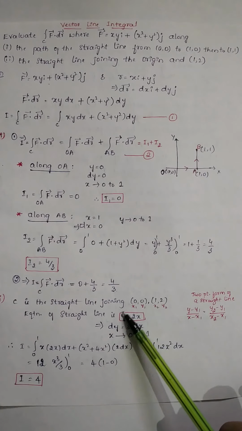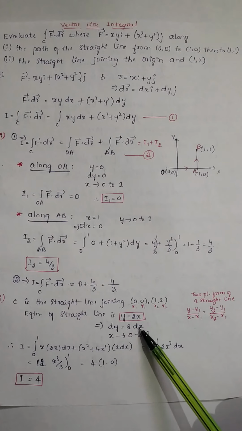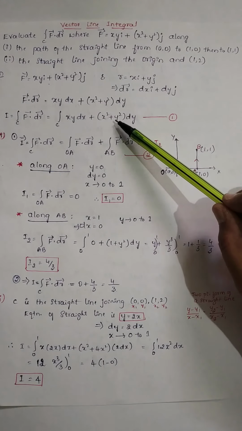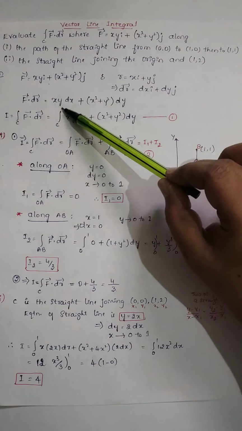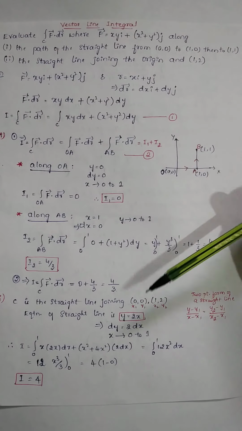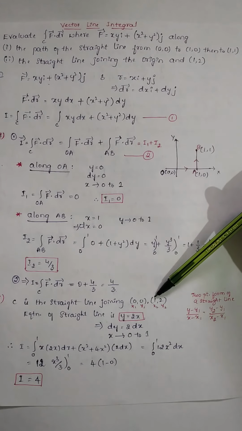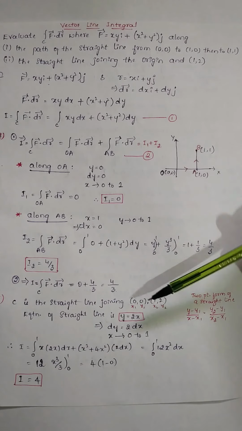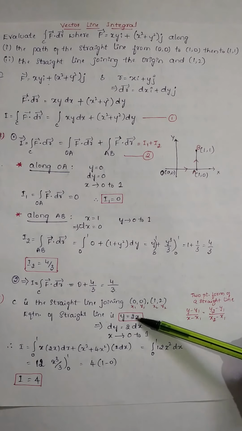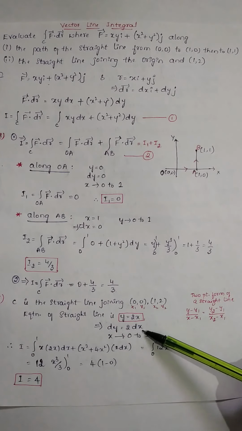So you are writing y in terms of x, so in the integral only x will be there. You need to write the variation of x here. x is varying from 0 to 1. y you are substituting as 2x and dy as 2 dx.